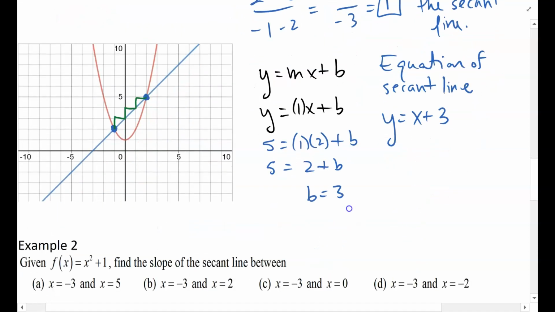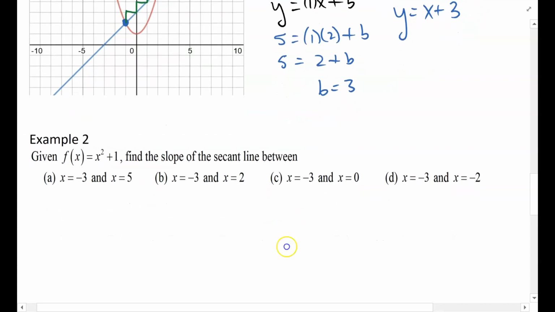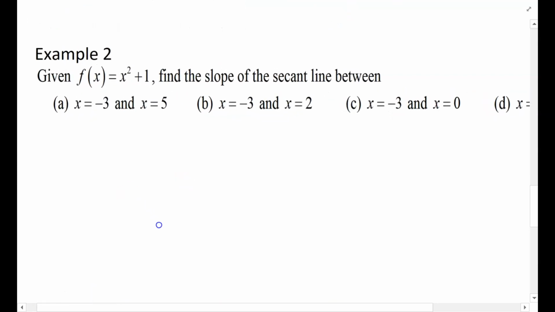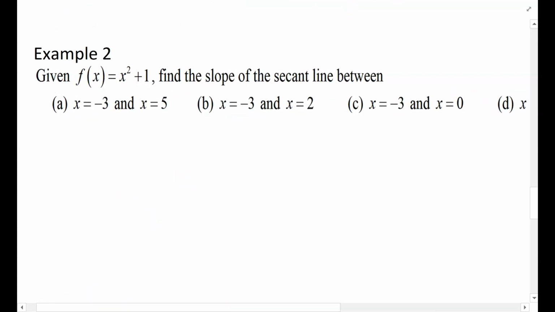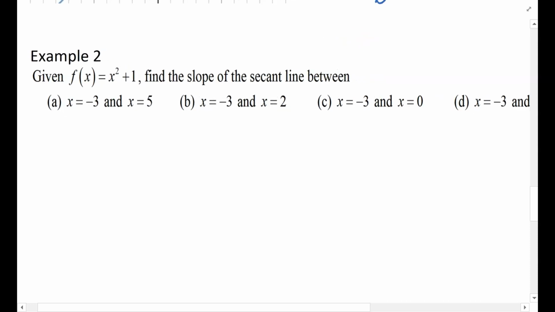All right, so here's some extra examples for us to practice on. We got quite a few right here. And so let's look at example A. They give us this standard equation to use every time of x squared plus 1. So one quick way of writing this is f of -3 minus f of 5 over -3 minus 5.